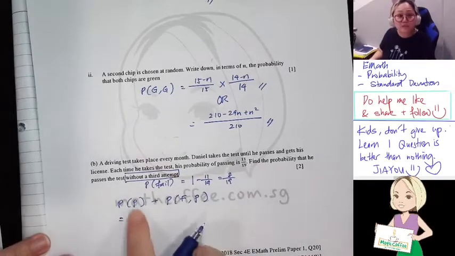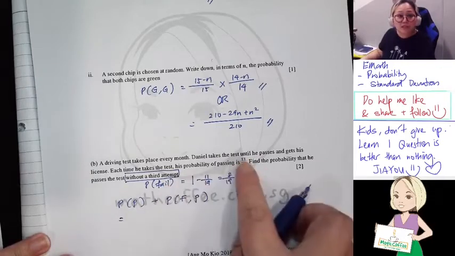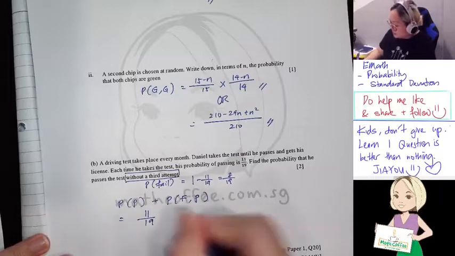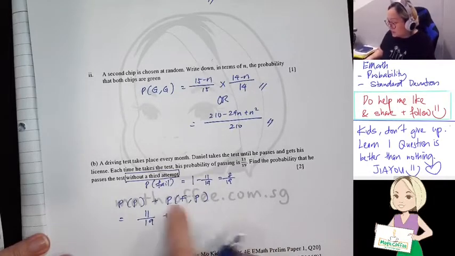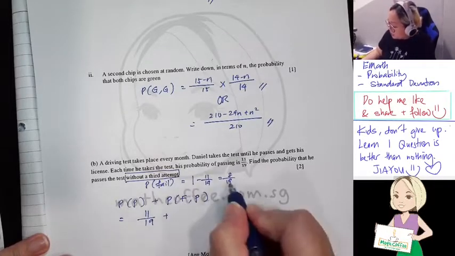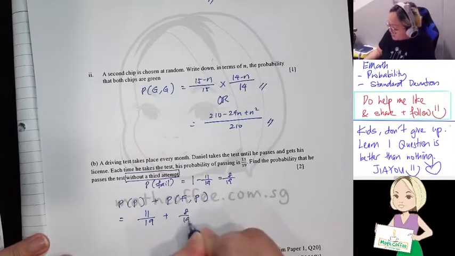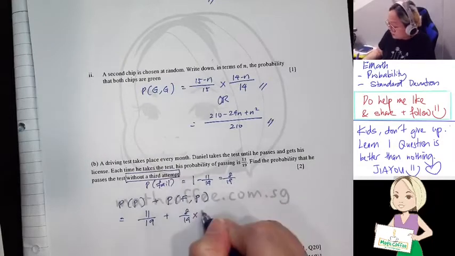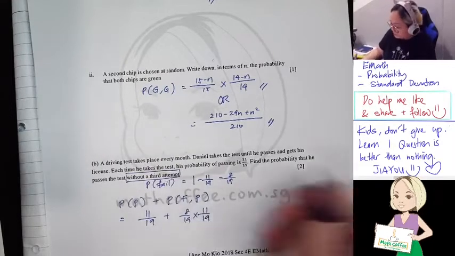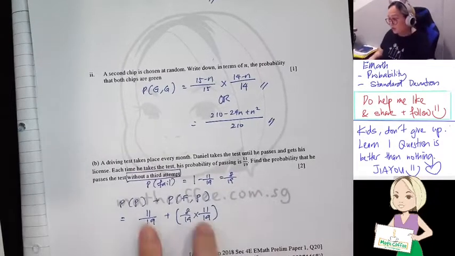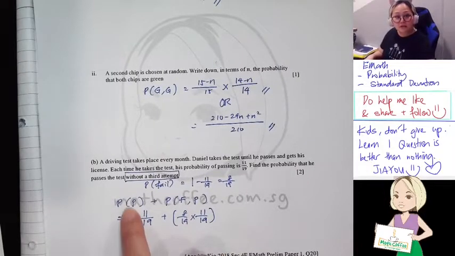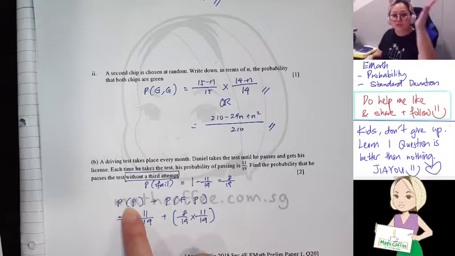If pass the first time, it's straight away 11 out of 19. Plus the second scenario: fail first, so 8 out of 19, and after failing the first time, the second time pass, so multiplied by 11 out of 19. So it is 2 scenarios. First scenario is first attempt pass already.